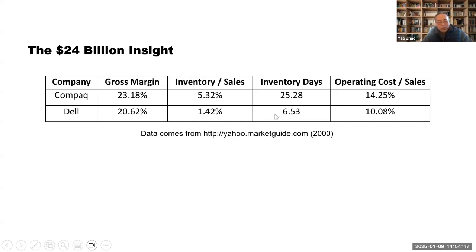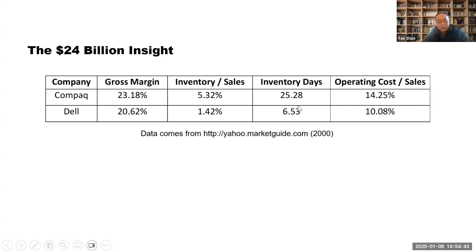So what is the secret behind this data? Not too many numbers here. Let's look at Compaq versus Dell, financial data in the year 2000. The gross margin of Compaq is about 23%, Dell about 20%. But Dell is operationally more efficient, especially from the inventory perspective.